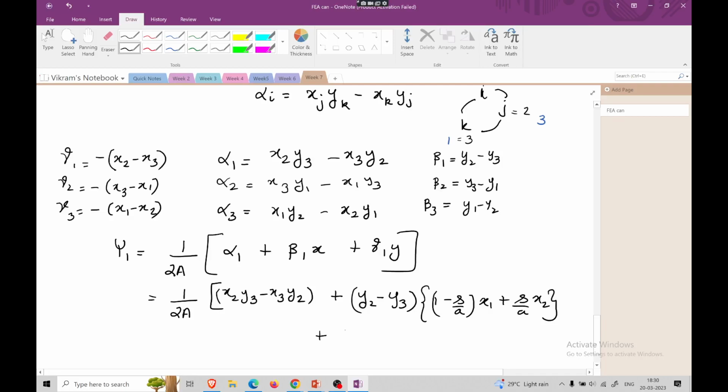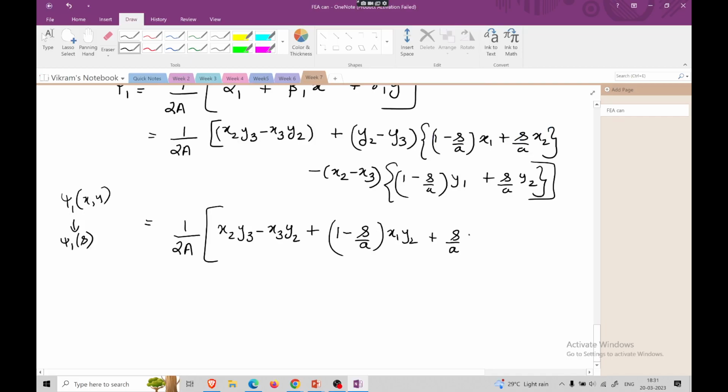So 1 by 2a times, I will just expand this whole thing: x2 y3 minus x3 y2 plus 1 minus s by a times x1 y2 plus s by a times x2 y2 minus 1 minus s by a times x1 y3 minus s by a times x2 y3.